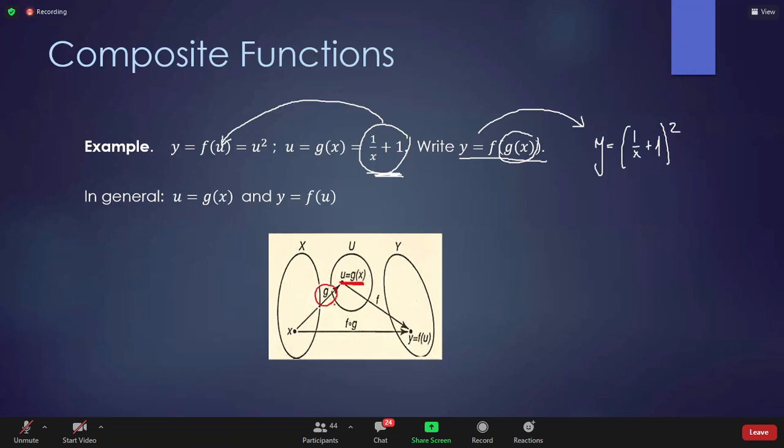Then we take this value and put it into the f function. So we apply the procedure f to the value of u that we obtained, and so we get the final value. In general, we have the g function with domain x and range u, and then we use the range u.